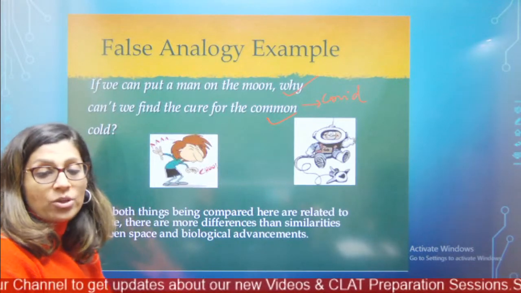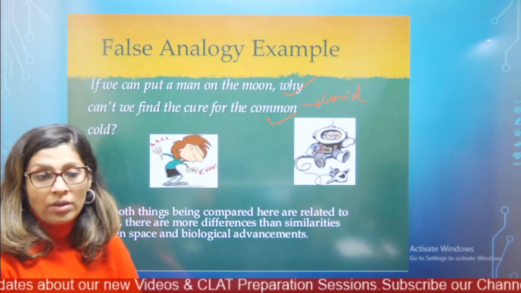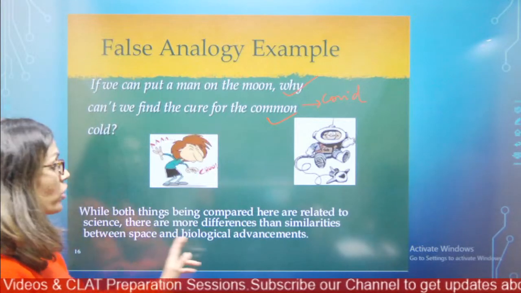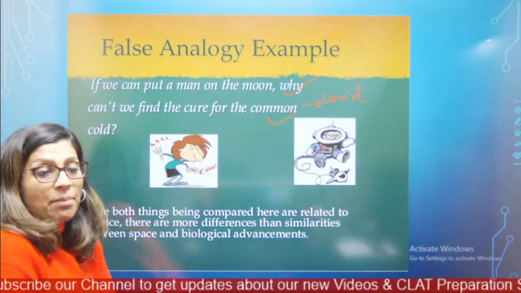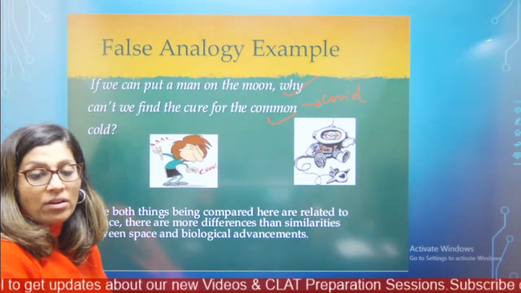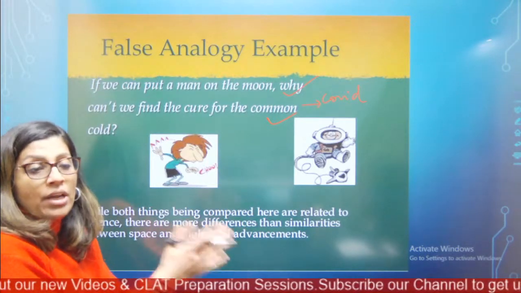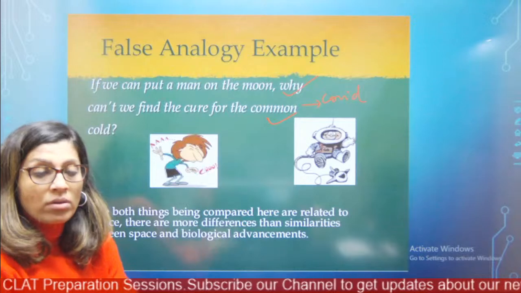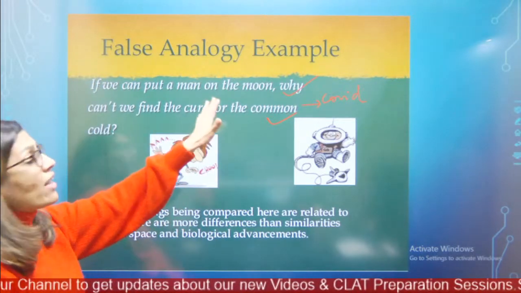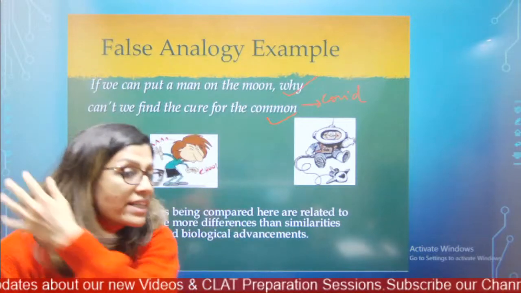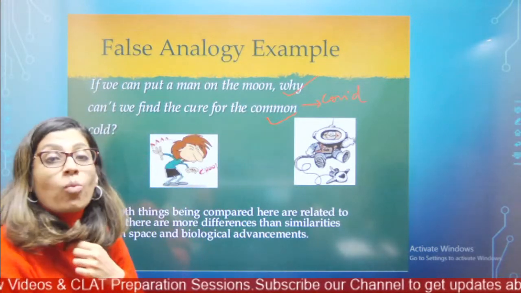They both are related to science, isn't it? So while they are both scientific endeavors, does that make them equal? Does that make one thing leading to another? So does it make it necessary that because we can go to the moon, because we have rockets, we should also have a cure for a virus?